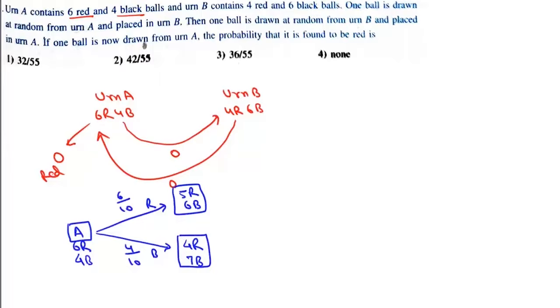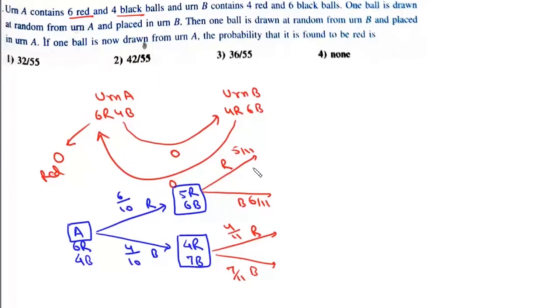Now again from B, we have transferred one ball back to A. Now the ball transferred could be red or black, and again here it could be either red or black. Now it'll be red with the probability 5 by 11 and black with the probability 6 by 11, and here it is red with the probability 4 by 11 and black with the probability 7 by 11.